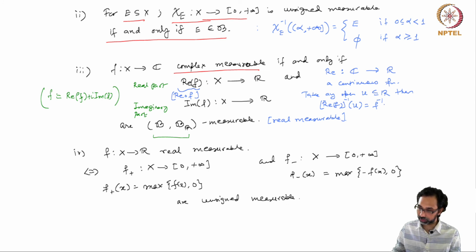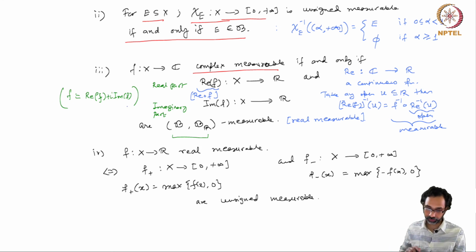So the inverse is just the composition reversed, f inverse composed with Re inverse of U, and because the real part is a continuous function, this is open, and so this is an inverse image of an open set, so this is measurable. So we get that the real part is measurable, and similarly the imaginary part is also measurable.